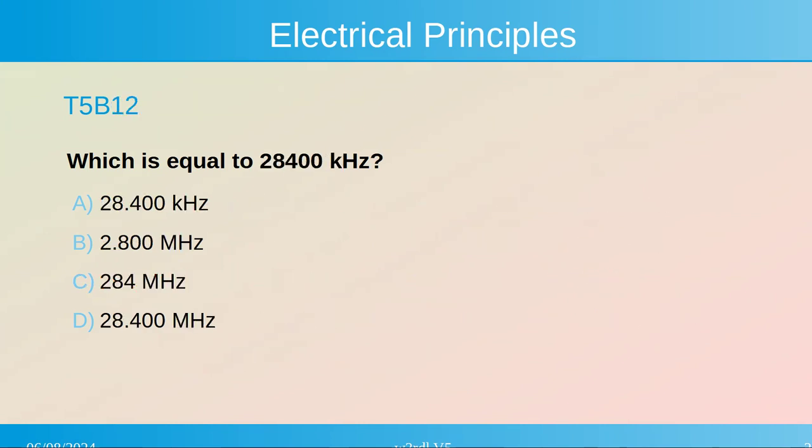Which is equal to 28,400 kilohertz, and we want to go to megahertz. Obviously A can't be right, and B's not going to be right either, it's not going to be 2.8.